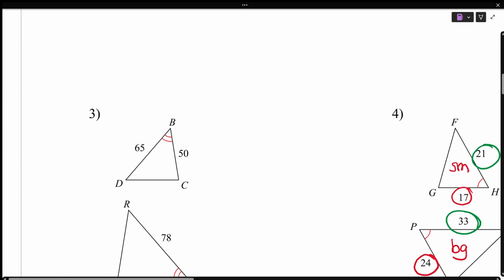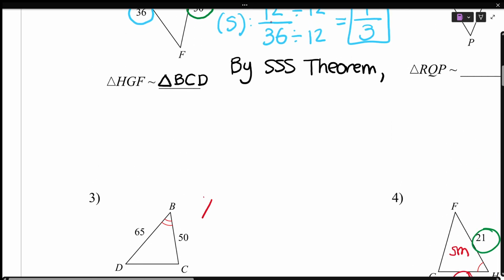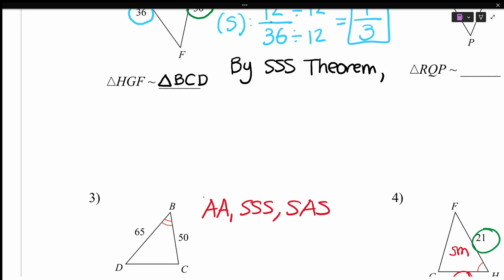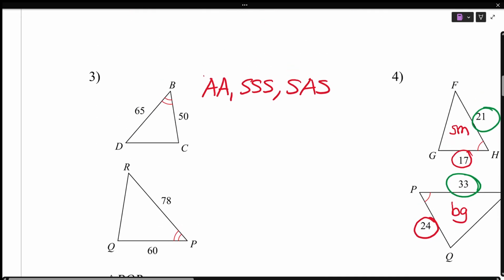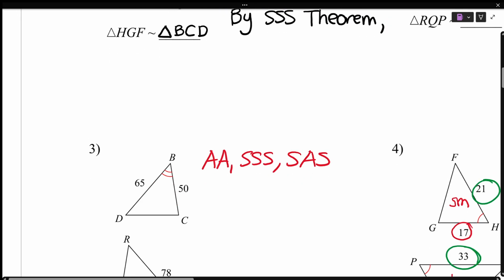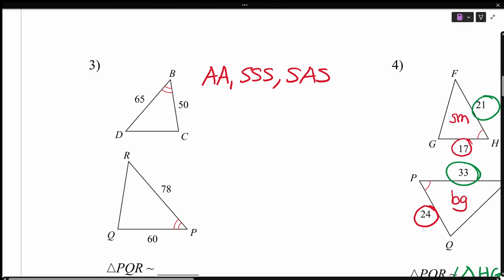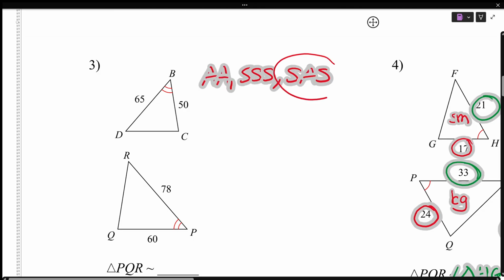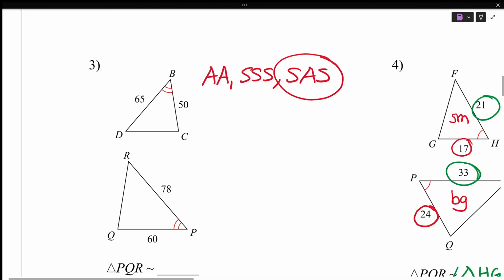I'm asking myself, is it AA, SSS, SAS? And again, I'm looking at the information that's given to us, and this is clearly going to be SAS. We have 2 pairs of sides and 1 pair of angles.